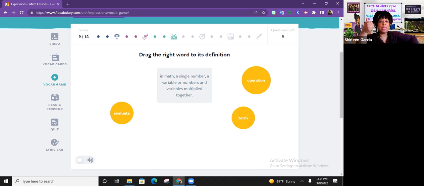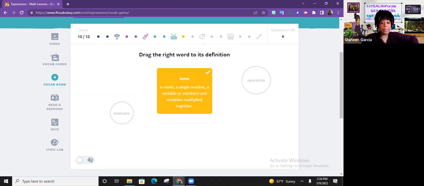So it could be a constant, it could be a variable, or it could be a coefficient with a variable. So those are all terms. I gave it away, I'm sorry. So 3x, or 2 in that equation we just saw are all examples of terms.